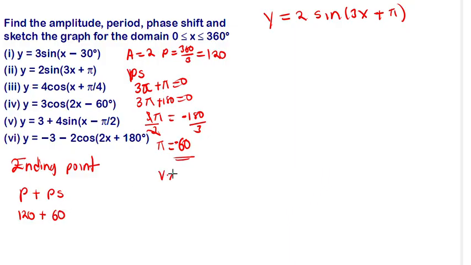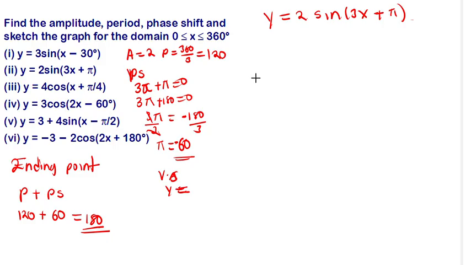Okay, the vertical shift is y equal to 0 because we don't have anything this side. Is it okay? So after doing that, your answer will be 120 plus 60. Then your answer is 180. So that's the ending point.